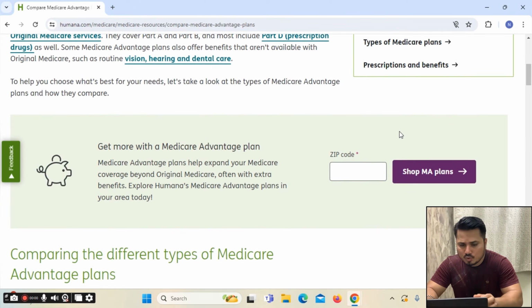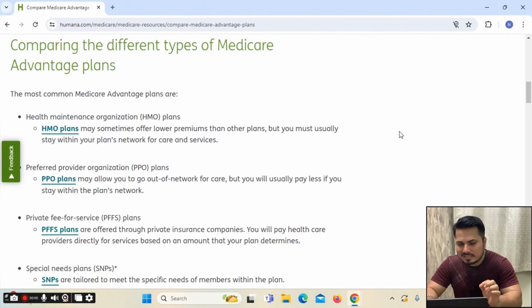To help you choose what's best for your needs, let's take a look at the types of Medicare Advantage plans and how they compare. Now, comparing the different types of Medicare Advantage plans. The most common Medicare Advantage plans are Health Maintenance Organization plans, which are called HMO plans.